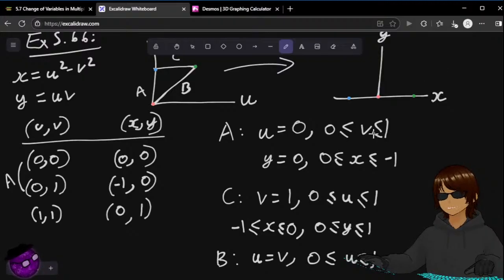I don't know how to explain this. When y is 0, x is -1. When y is 1, x is 0, but not linearly. More like this.